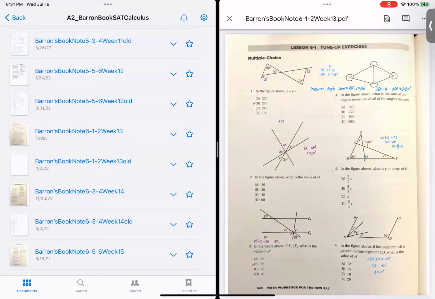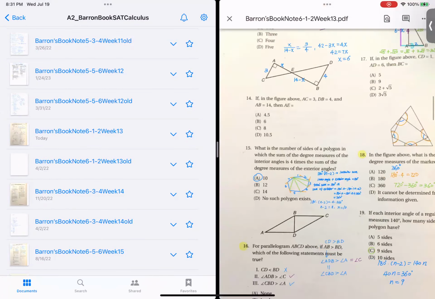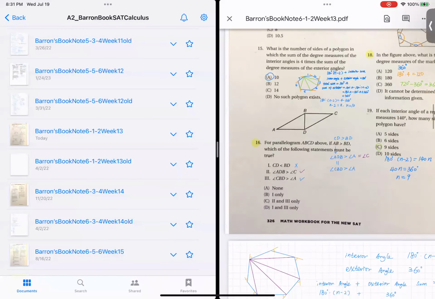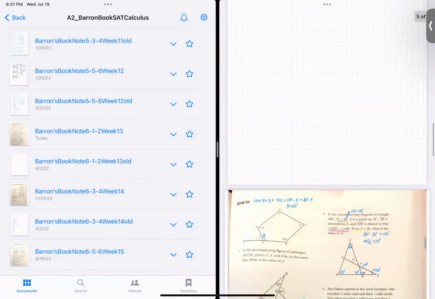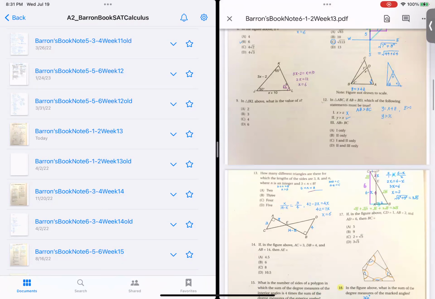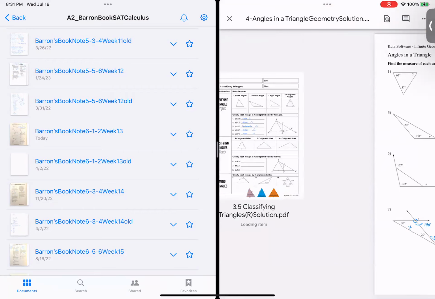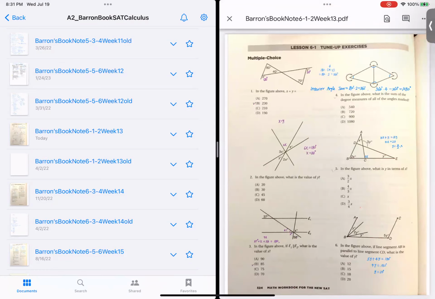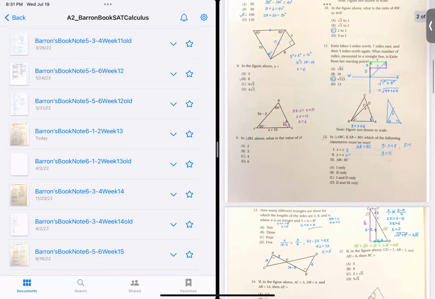This is the worksheet. You don't need to do every question. You only need to do up to question 14, which we have already gone over in class. But if you think you can handle more questions with my notes' help, you can go ahead and continue. See the homework here. Those are easy exterior angle theorem. And then this one is going to be a little bit hard wording. Go think about it yourself.